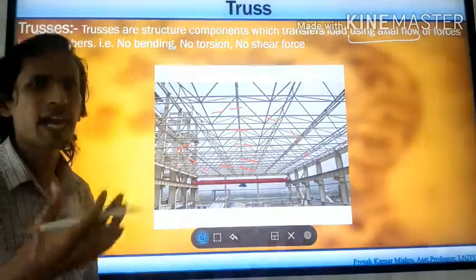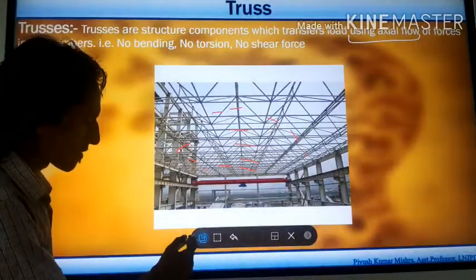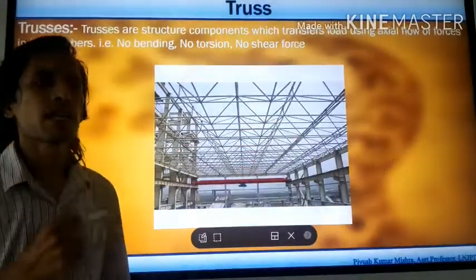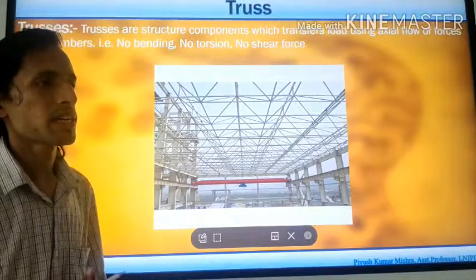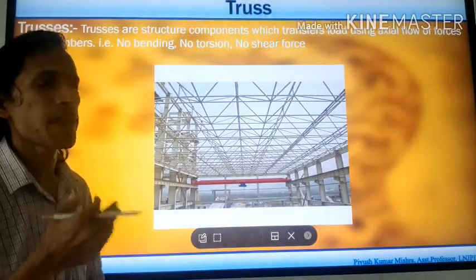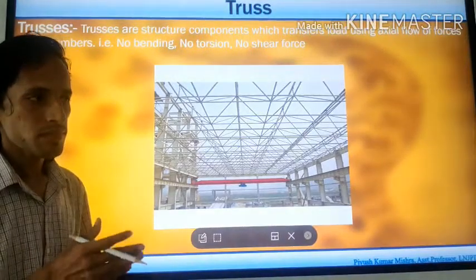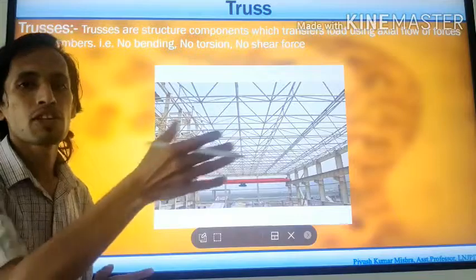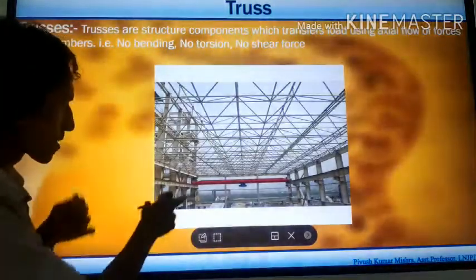So there is a wide application of trusses, but in this subject we are more interested in how to solve them, and how to calculate the value of forces inside any particular member.